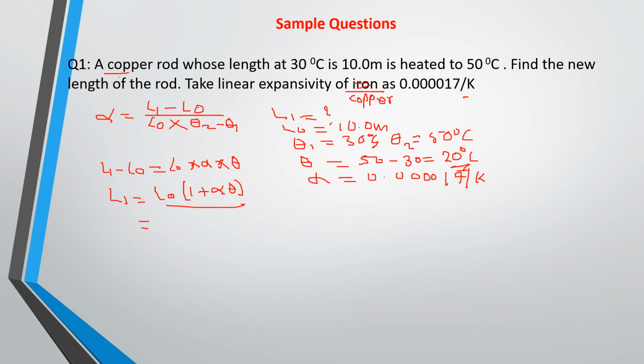So this will give us 10 times 1 plus the expansivity, 17 times 10 raised to power minus 6, times 20. Okay, so this is what you have.